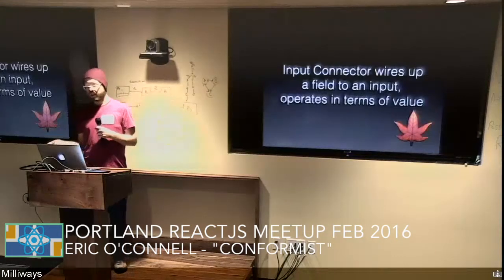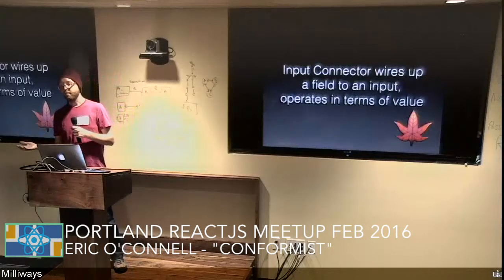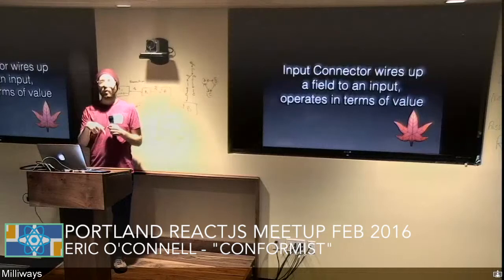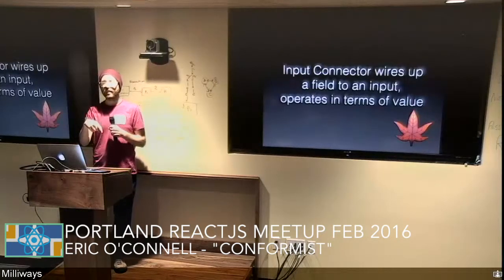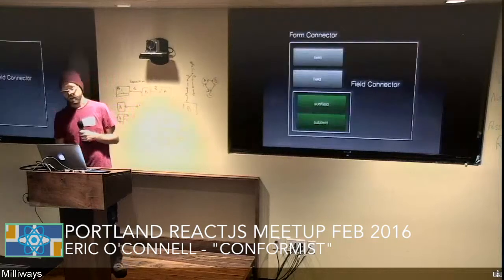And then finally, there's an input connector, and its job is to take a React component that has an onChange and hook it into this whole schema so that when you change your input, that gets projected into the form schema. And then it pushes through the validation so that if you want to, you can show it to the user. But that's up to you when you show those things.